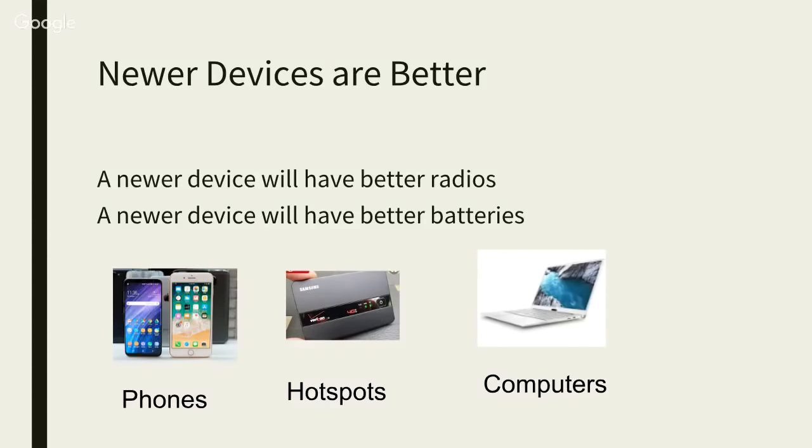Now, another general thing I think people should know is that newer devices are better. A newer device will have better radios. What do I mean by radios? I'm not talking about listening to music. No, they're all radios, though. They're two-way radios, and they're the same kind of technology at different frequencies that we've always had for radio.